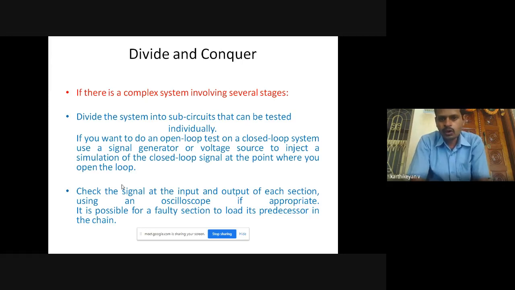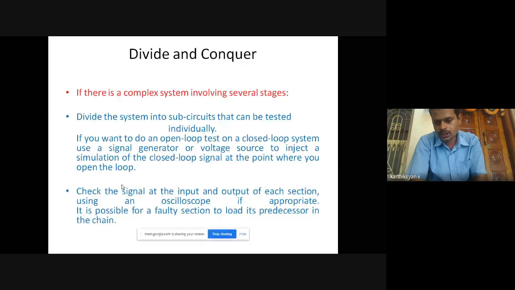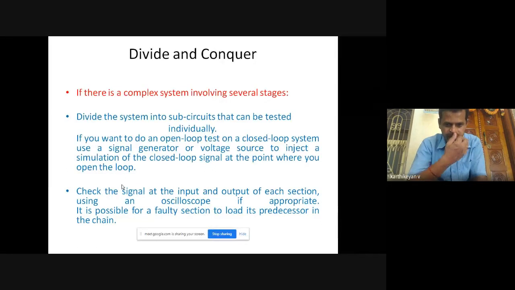If you want to do an open loop test on a closed loop system, use a signal generator or a voltage source to inject a simulation of the closed loop signal at the point where you open the loop. Check the signal at the input and output of each section using an oscilloscope if appropriate. It is possible for a faulty section to load its predecessor in the chain.